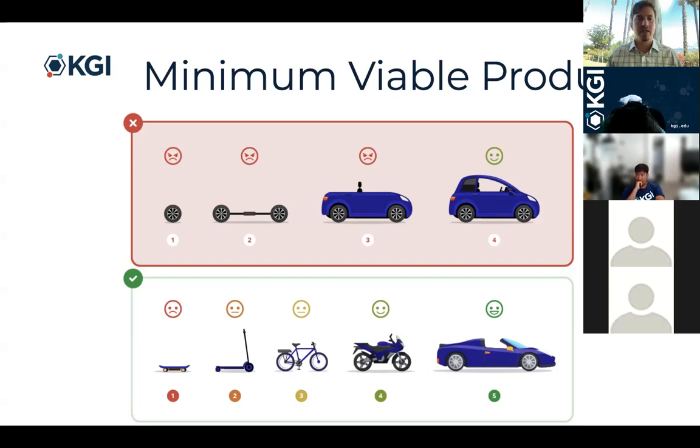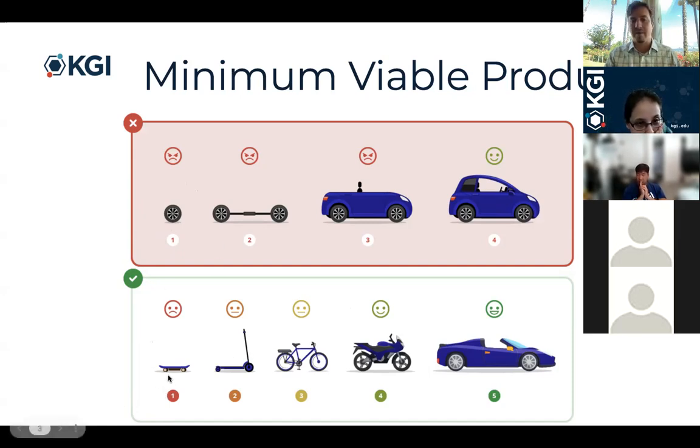And so if you want to get them from point A to point B, just having a wheel, even if it's a really well-designed wheel, really would make people amazed. But your goal is to get them from point A to point B, and that's not going to do it. Instead, you want to build something like a skateboard, which will actually accomplish that goal.